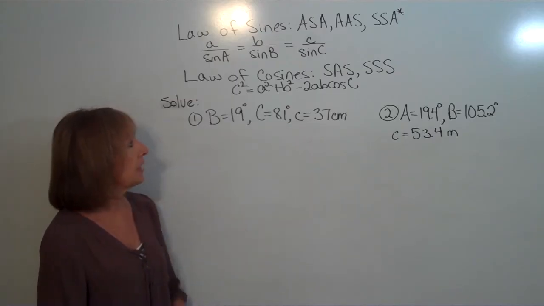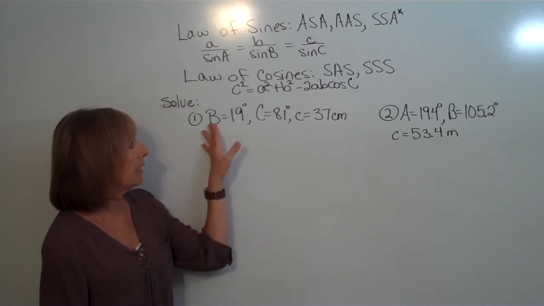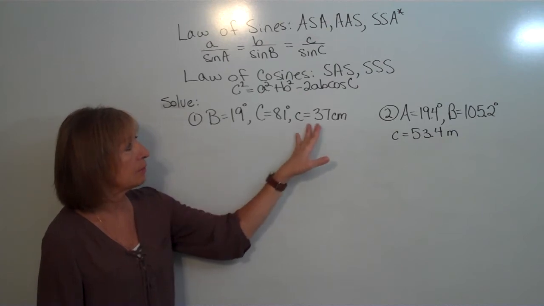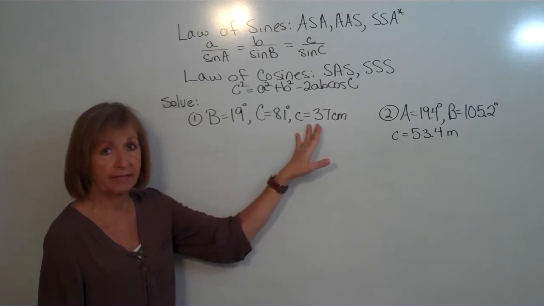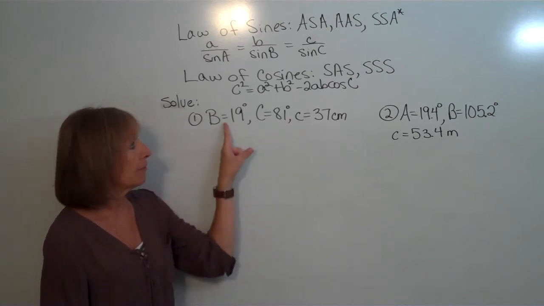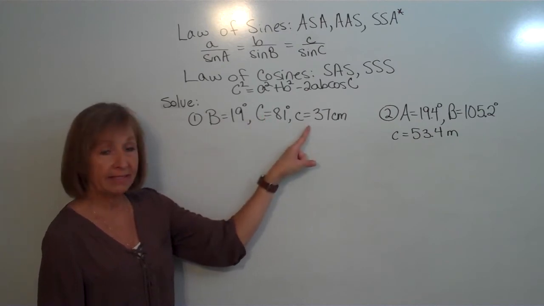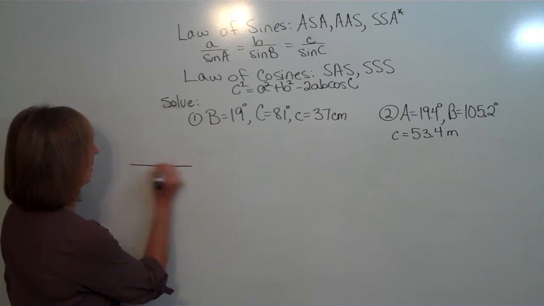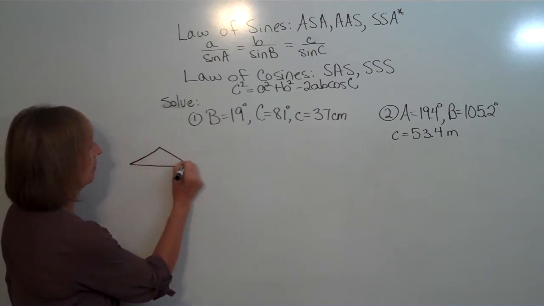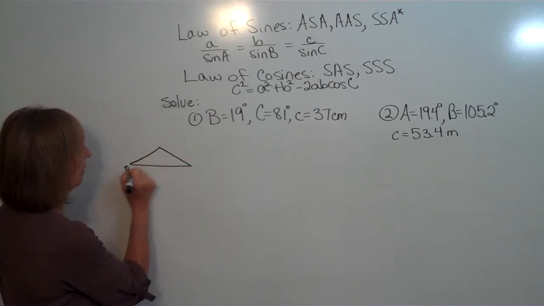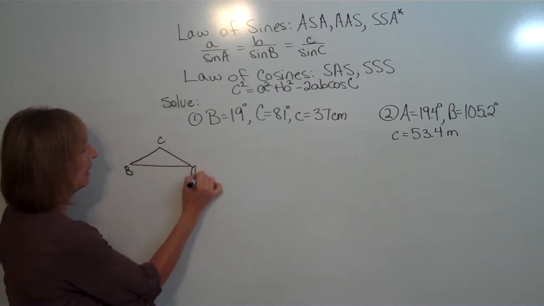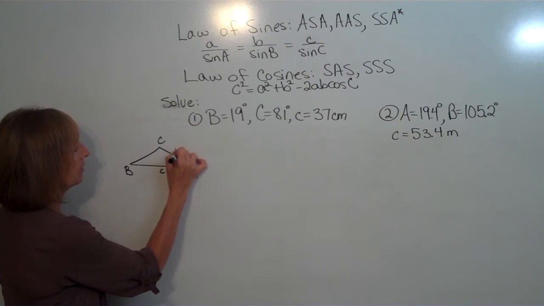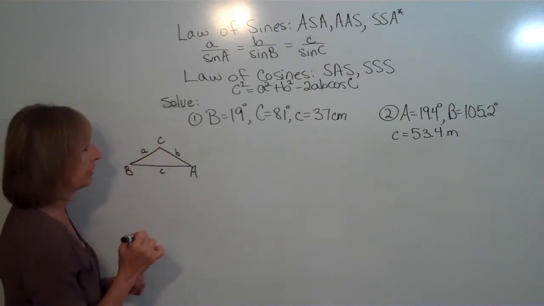So the first one is where it gives me capital B is 19 degrees, capital C is 81 degrees, and then small case c is 37 centimeters. So I have two angles, and then I have a side. If I think about how these are denoted, angle B, angle C, angle A, and then across from the angles are the sides with the small case letters that match.